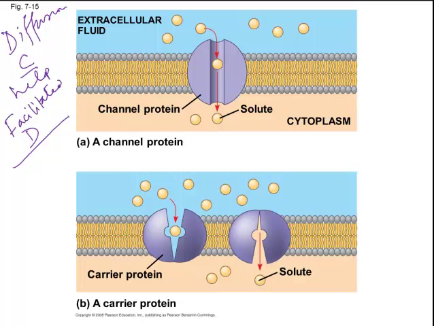It can be of two types. You can have a channel protein which is going to help in the movement, or you can have a carrier protein which carries that specific molecule to the inside or the outside. Remember, specific molecules have specific carriers.